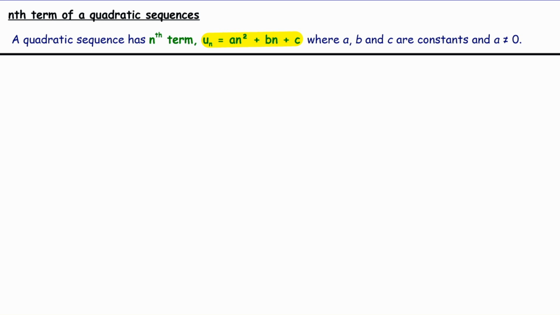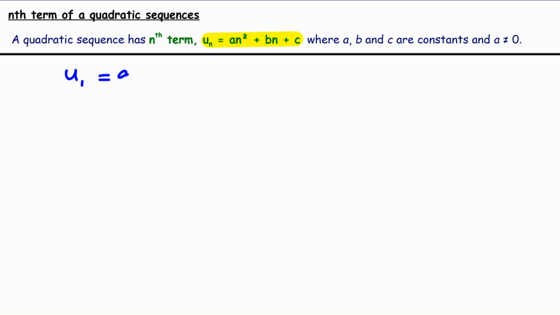Anyway, what I'm going to do is find the first 5 terms of the general quadratic sequence. So I'm going to use this formula. Let's assume this is the nth term of the general quadratic sequence, and I want to use this formula to generate its first 5 terms. To find the first term, I plug 1 in place of n.